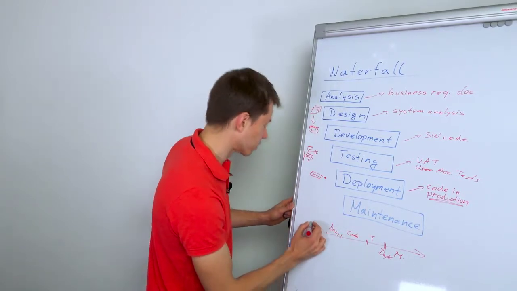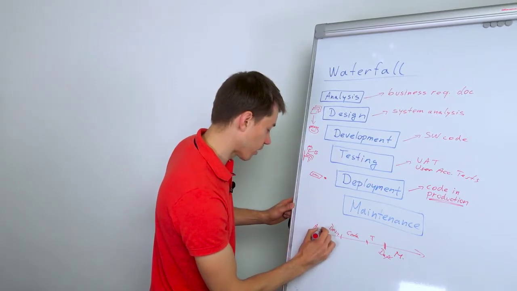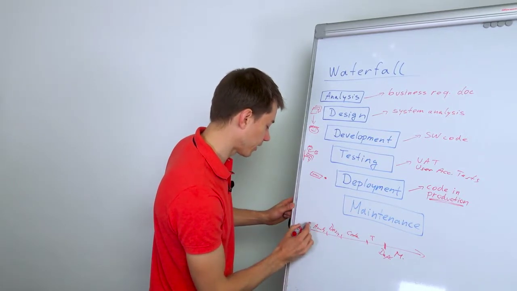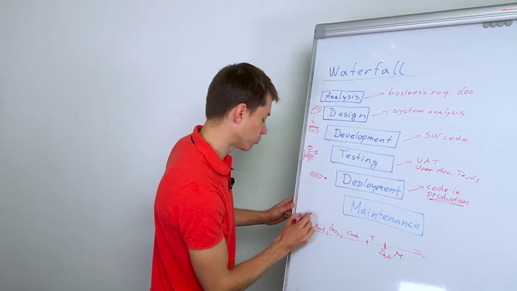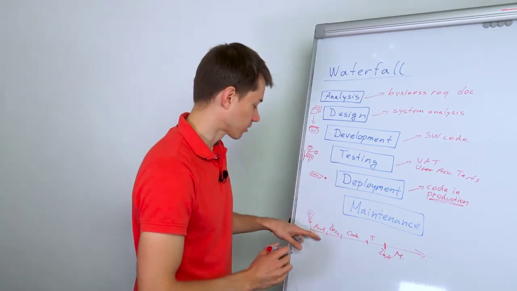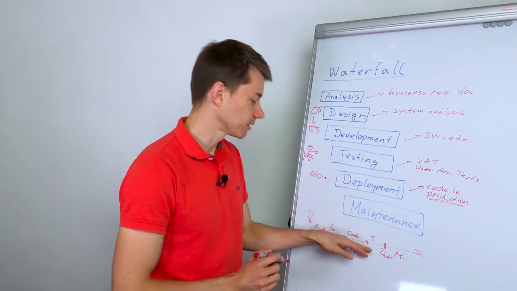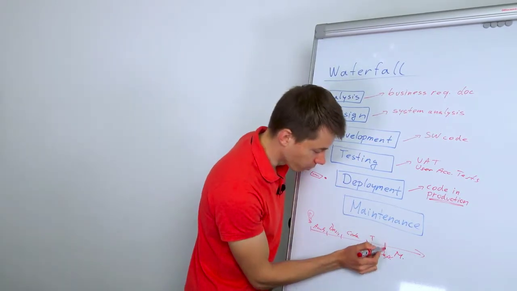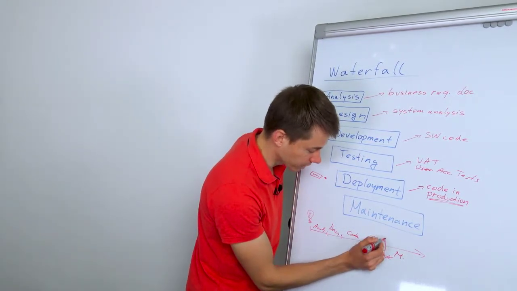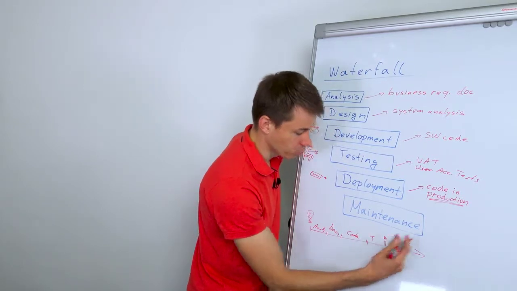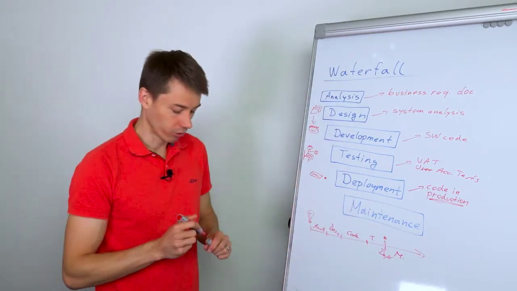Oh, I cannot write this way. And at the beginning we analyze. Okay, so here again, someone has an idea. It could be a wonderful idea. Someone needs to analyze it, then design it, then code it, then test it. Then there is this deployment, which is an activity here, and then we maintain it on an ongoing basis.